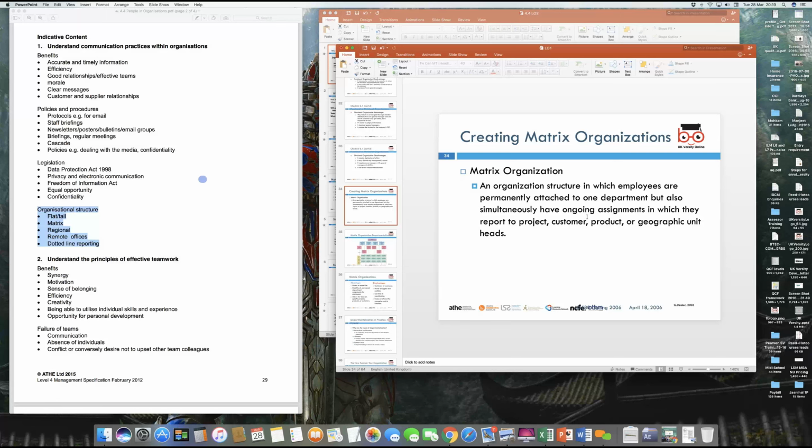So an example here would be, I'll pick up Dell as an organization. When you work within an organization like Dell, you're working within the UK operations, and your main role is in sales.